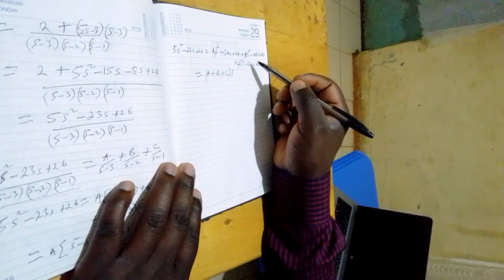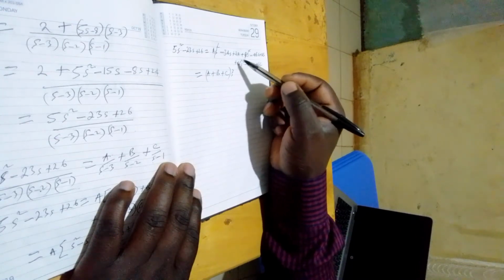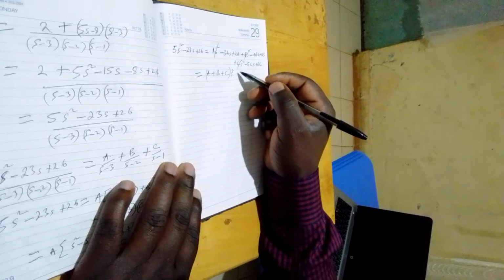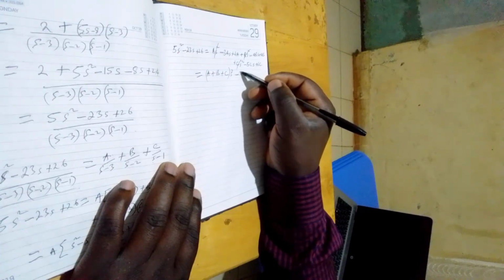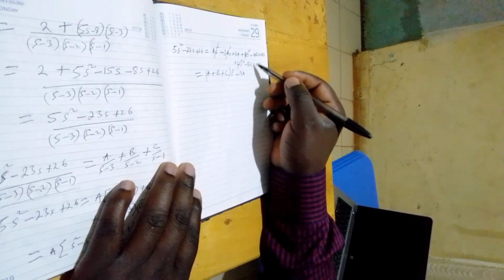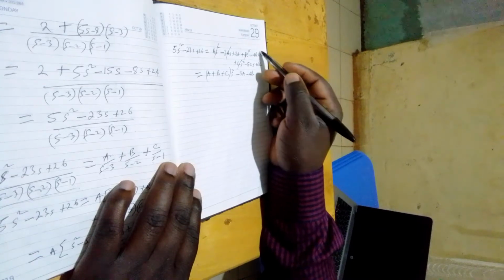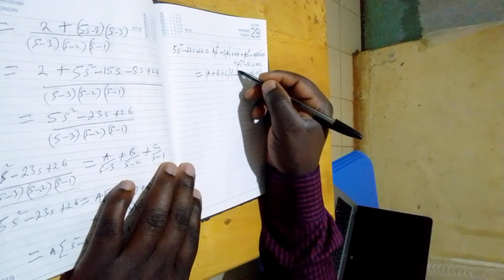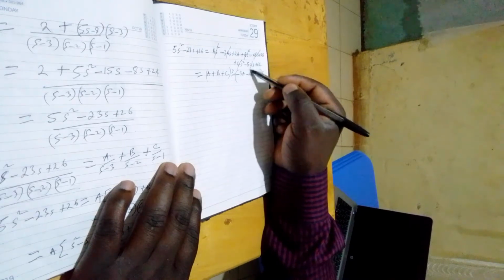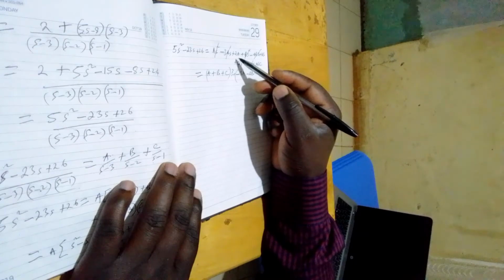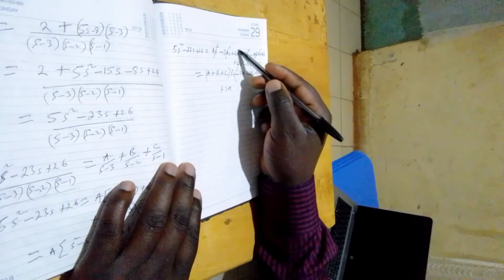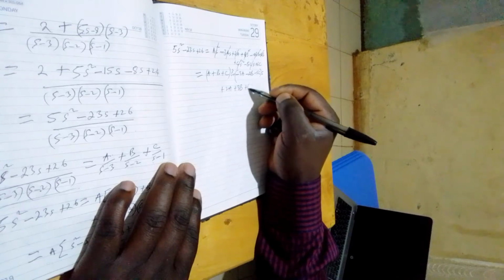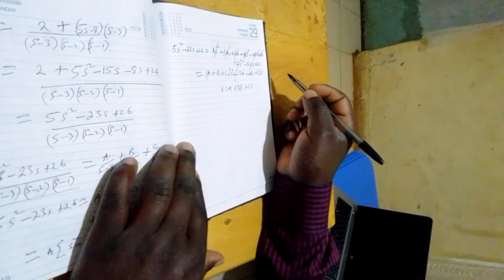Then those that have s, we have minus 3a is this one, minus 4b minus 5c, then s, then constant terms we have plus 2a plus 3b plus 6c. So we equate the corresponding coefficients of s.